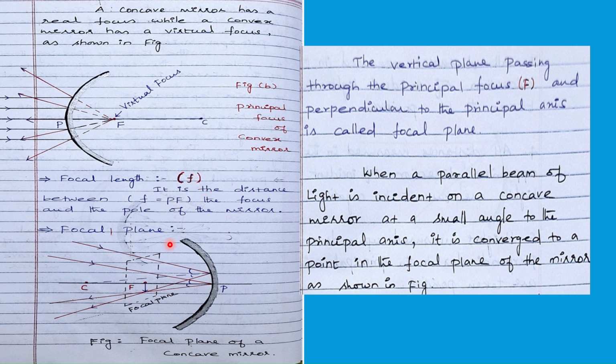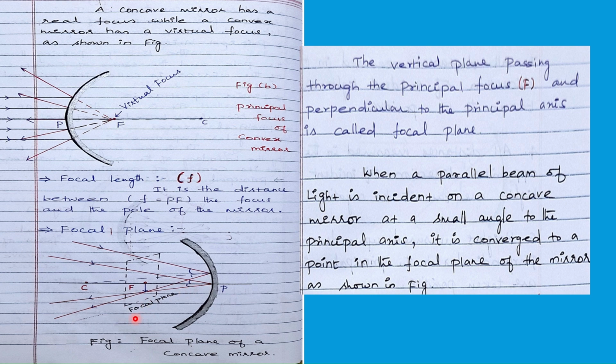Focal plane. The diagram explains the focal plane of a concave mirror. This is a concave mirror, and the dotted lines indicate the vertical plane. The vertical plane passing through the principal focus F and perpendicular to the principal axis is called the focal plane.